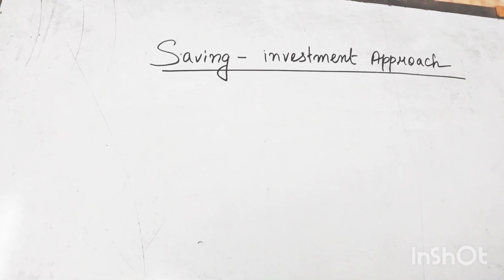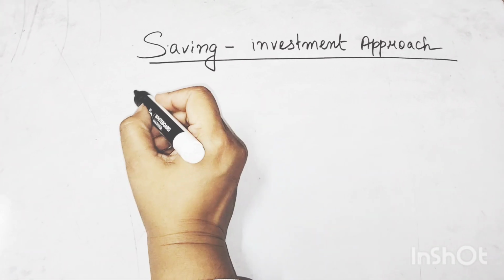Now here the equilibrium level of income is determined where?